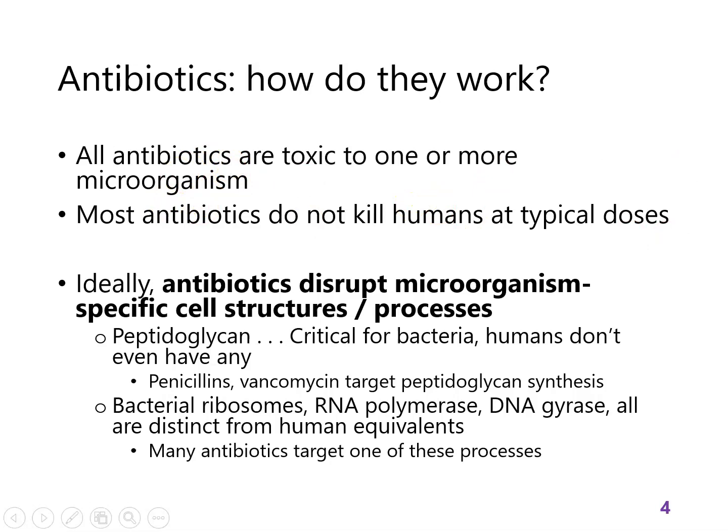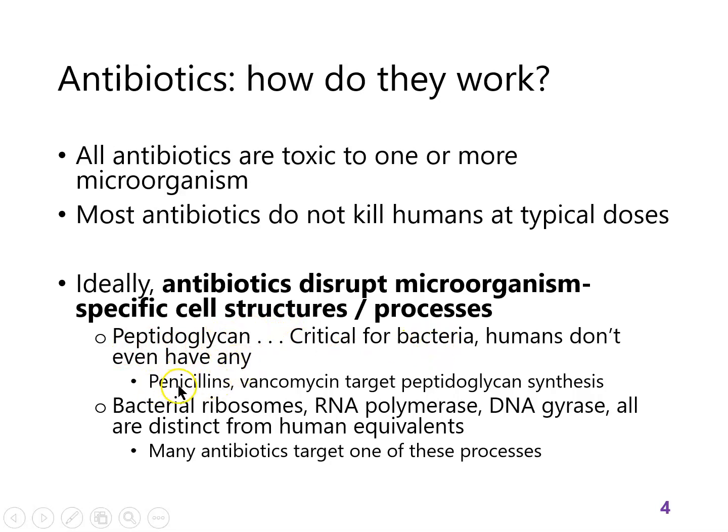So antibiotics are going to be toxic to at least one microorganism, and we'll see a lot more about that. Ideally, they disrupt things like peptidoglycan. Every bacterium needs peptidoglycan, almost every bacterium, but humans don't. So the vast majority of prescribed antibiotics target peptidoglycan.